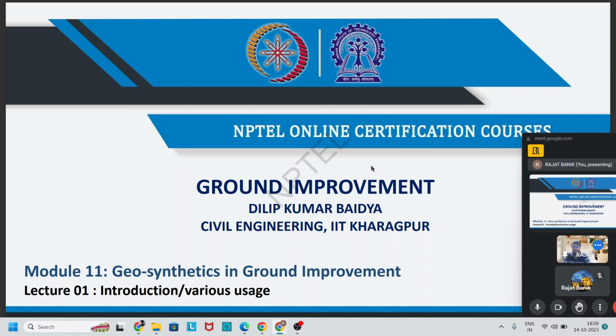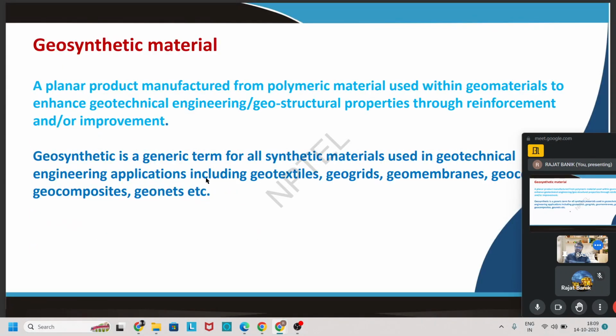In week 11, we discussed the introduction of geosynthetics and what mainly represents geosynthetics. Geosynthetics is actually a combination of polymer and geomaterial, and in this way we can easily improve our ground. Different functions can be addressed by this geosynthetic material, and it is very cheap and cost effective.